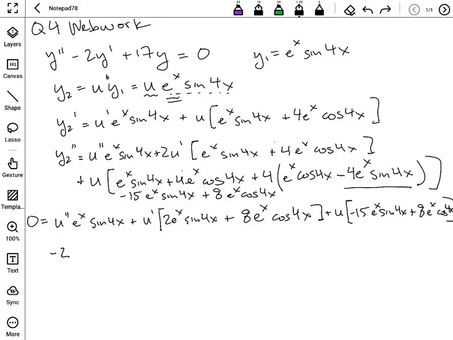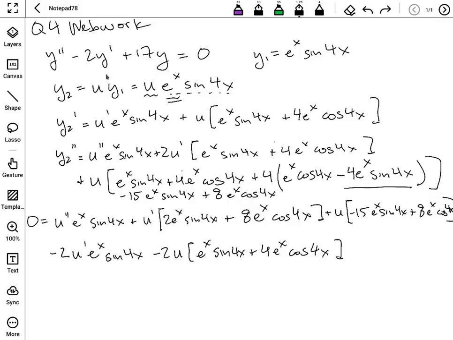So I'm going to go ahead and multiply through my minus 2 as I go. So I've got minus 2u prime e^x sin 4x, and then minus 2 times u times e^x sin 4x plus 4e^x cos 4x.